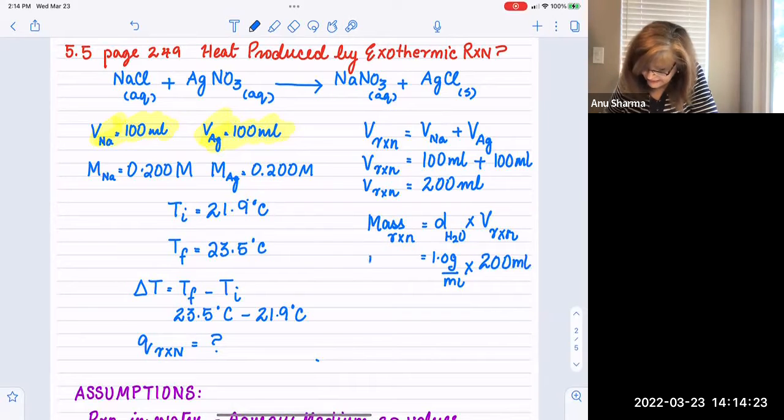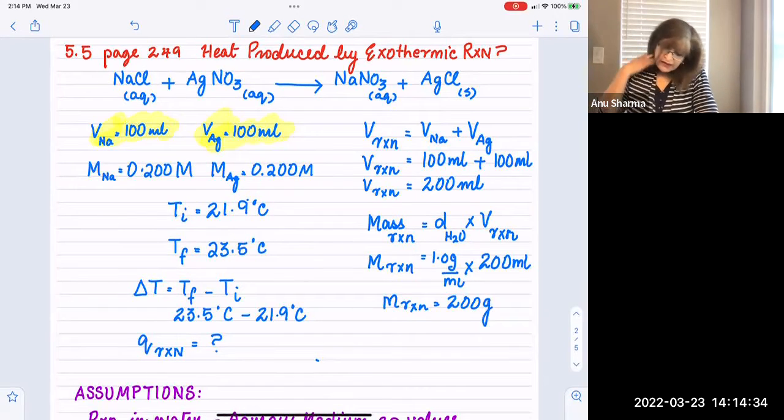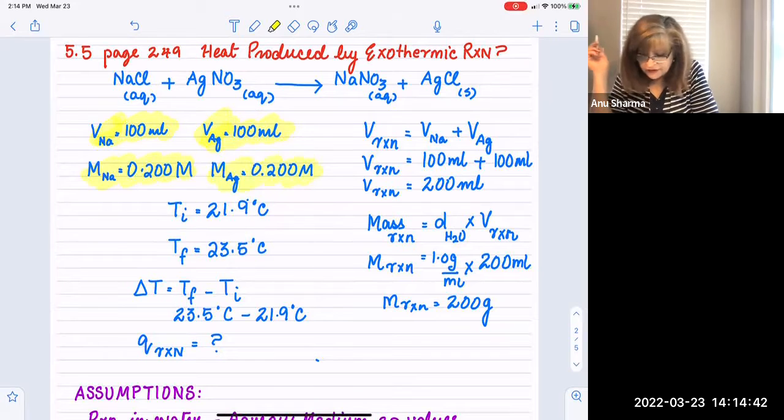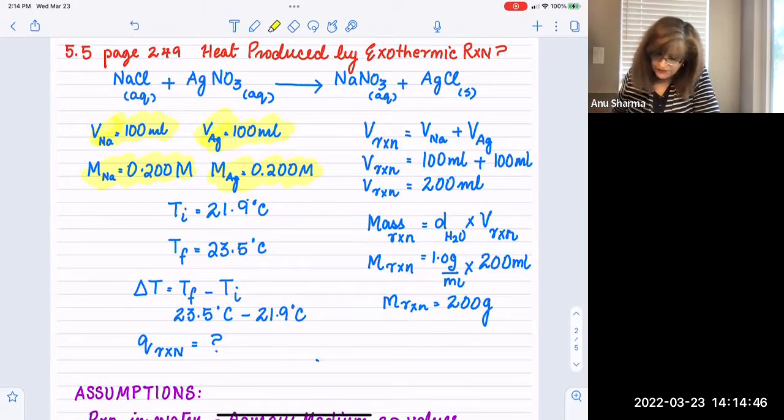That comes out to be a mass of the reaction equal to 200 grams. Now we are also given the molarity, which is 0.200 molar. The molarity of the silver nitrate solution also is 0.200 molar. We are given the initial temperature, which is 21.9, and the final temperature is 23.5.